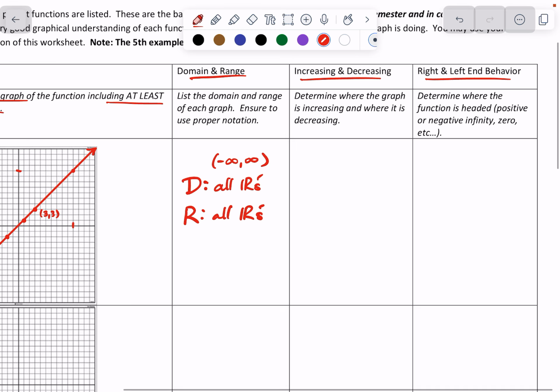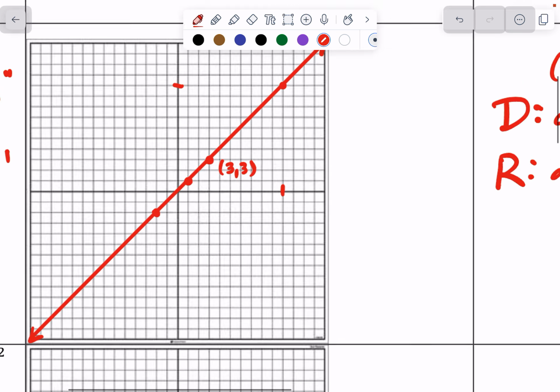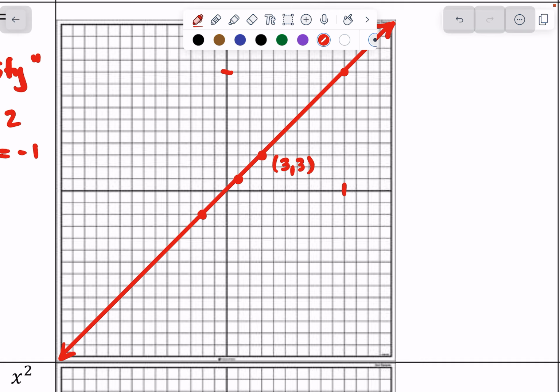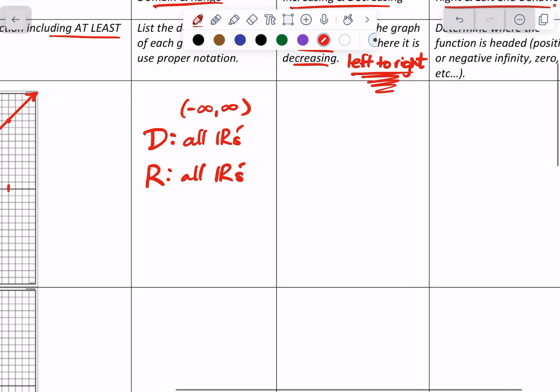Increasing, decreasing. Determine where the graph is increasing and where it's decreasing. So keep in mind, we always consider this from left to right every single time, just like you're reading a book, right? So when you look at this graph, where is it increasing? Where is it decreasing? Well, it is increasing everywhere, right?